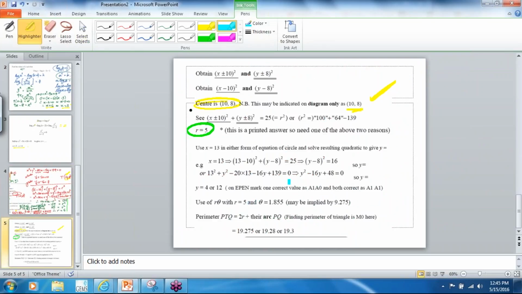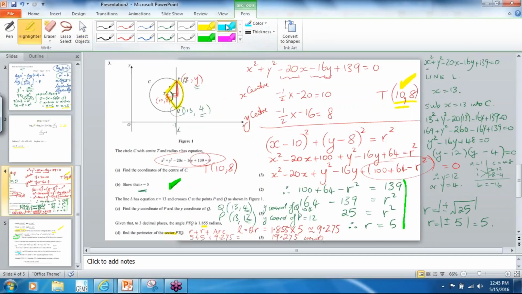And we're after our y coordinates. y equals 4 or 12. One correct value and both is, so y equals 4 or y equals 12. And so because they've placed them on the diagram, we've said the y coordinate of Q is 4 and the y coordinate of P is 12.